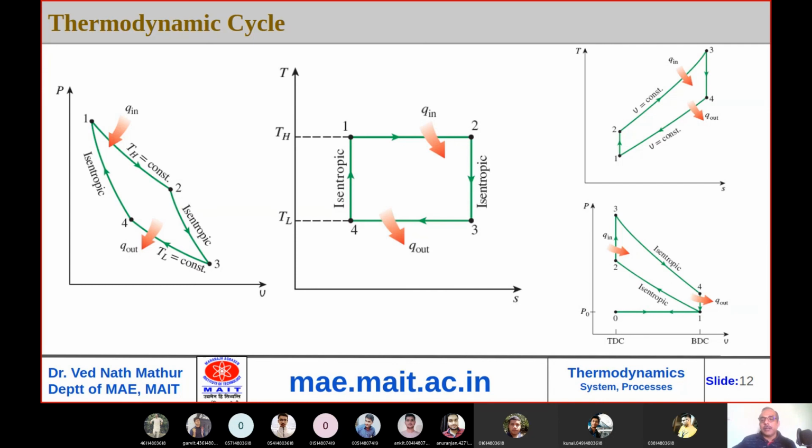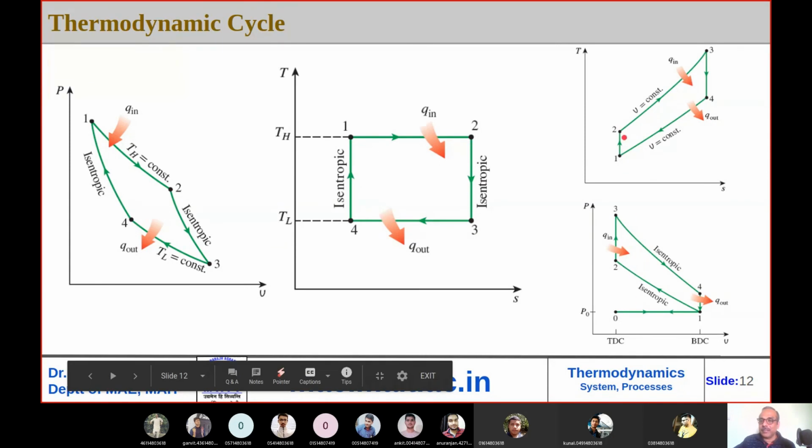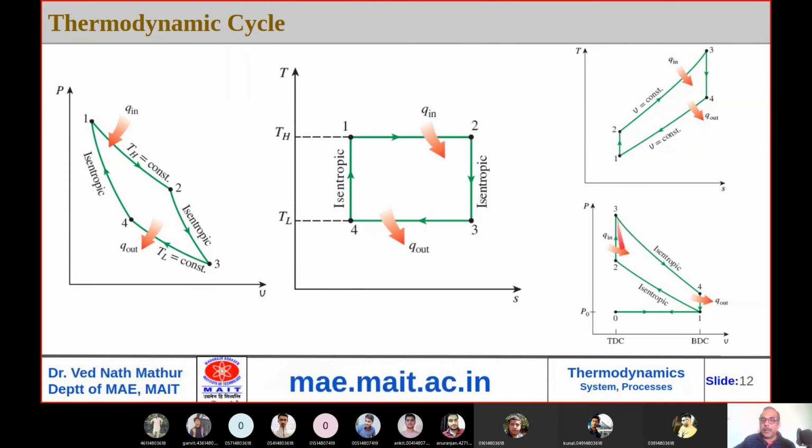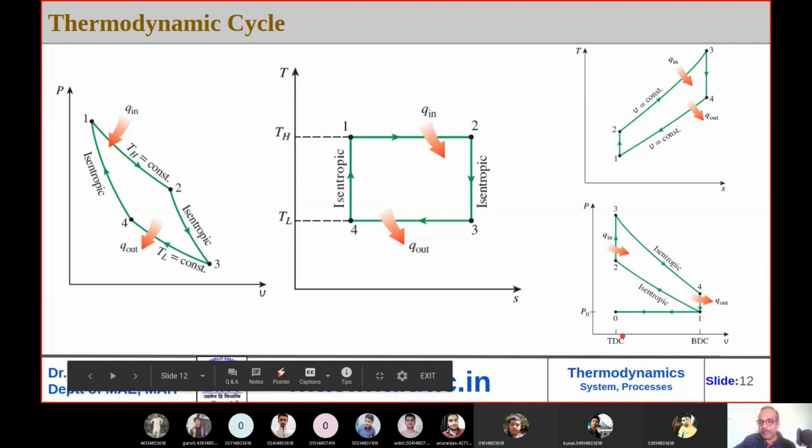Okay, I was talking about thermodynamic cycle. This is another cycle which we have been discussing in our heat transfer and IC engine classes these days. Let us look at this diagram on a PV diagram. So 0 to 1 suction from top dead center to bottom dead center, then isoentropic compression, then heat addition at constant volume.